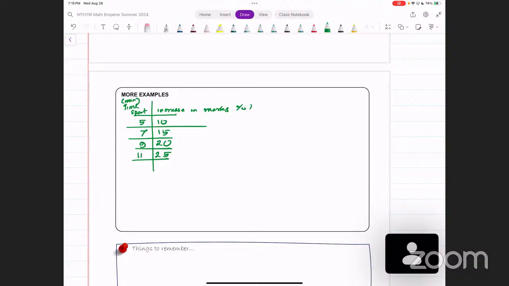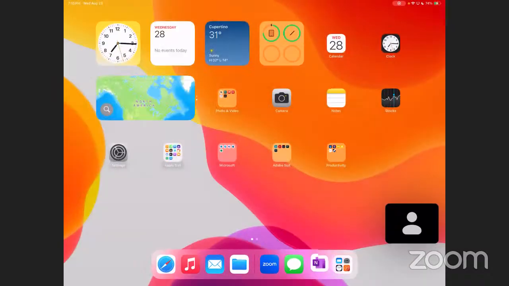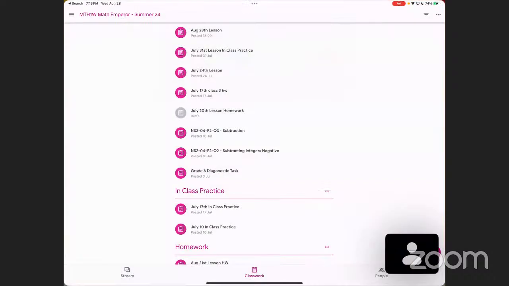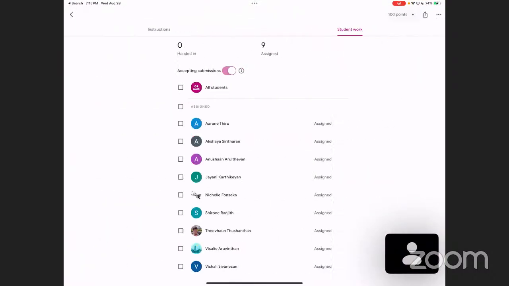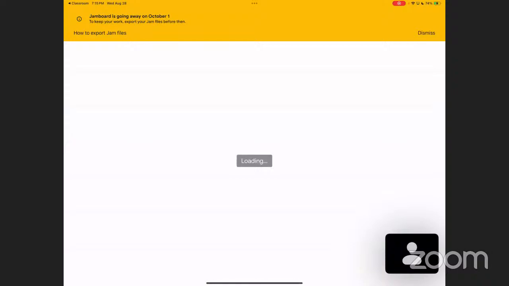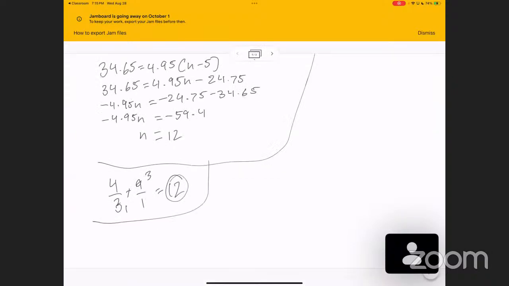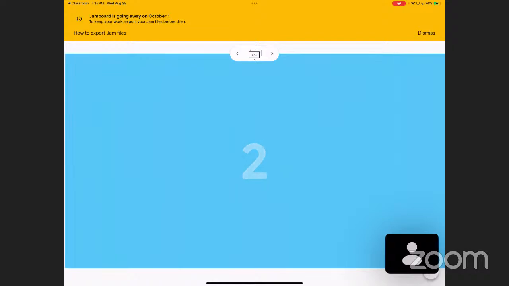Where do you guys do your math? On the Jamboard? Let me see the Jamboard to see the math. Okay, I'm curious how that looked. All right, so I have Vaishali online. I just want to see how to do this.